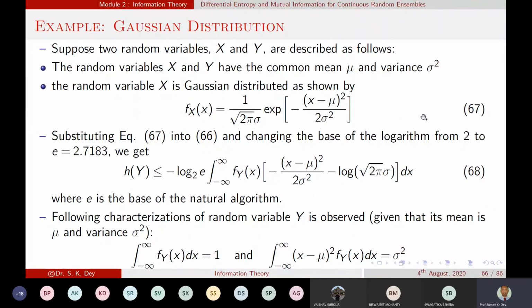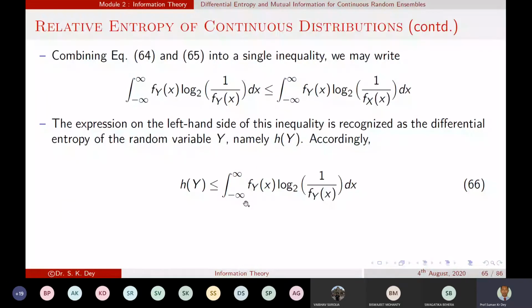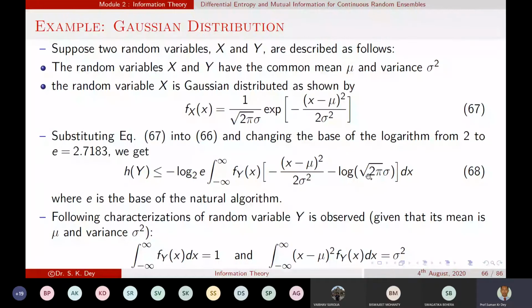So basically, equation 67 is the expression for the Gaussian distribution. By substituting equation 67 in the previous equation, where we calculate the entropy for a particular random variable y, if we replace that value over there, then we will get that expression.